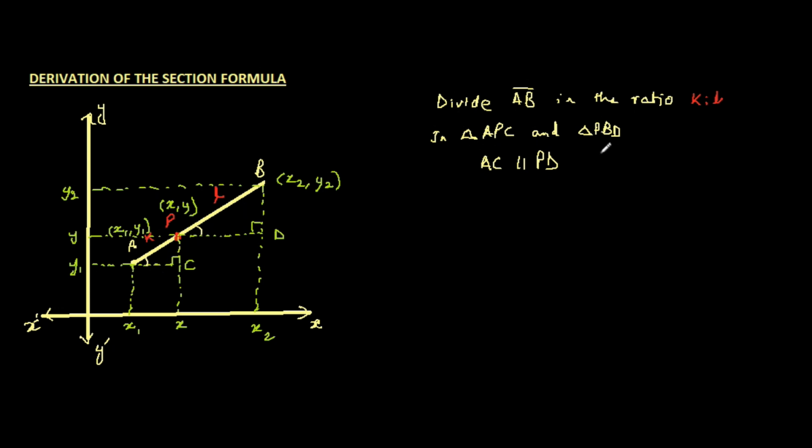We can also say that angle C is equal to angle D, which are both equal to 90 degrees. And we can also say that angle PAC is equal to angle BPD, as corresponding angles.